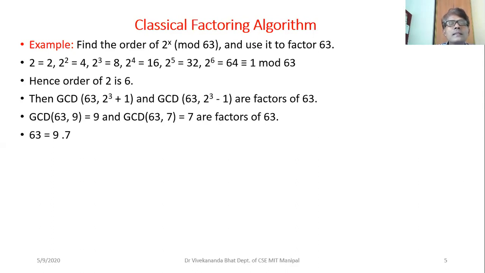Finally, 2 to the power of 6 is equal to 64, that is congruent to 1 mod 63. Therefore, order of 2 to the power of x mod 63 is 6.